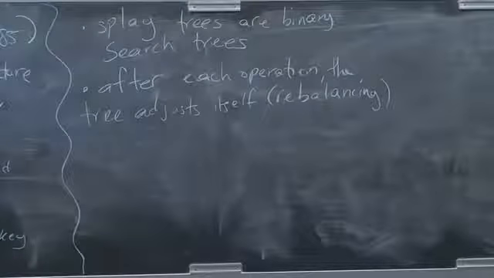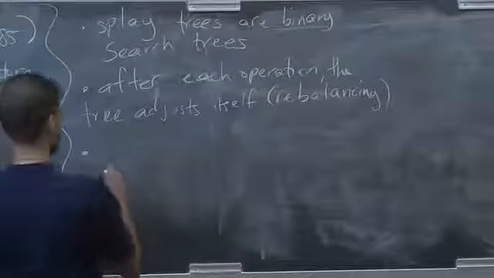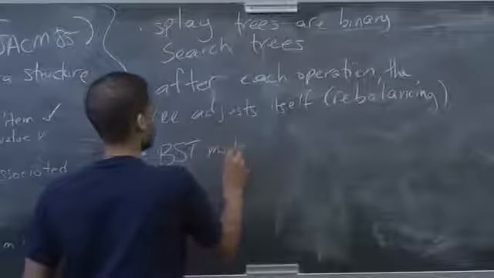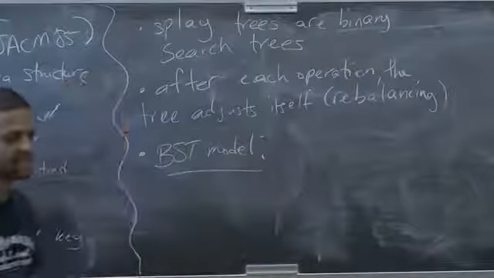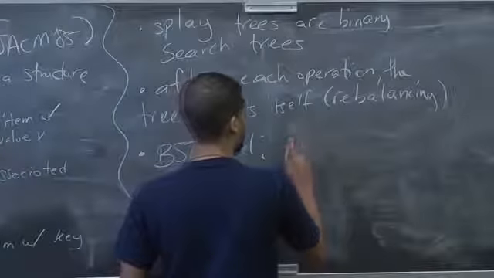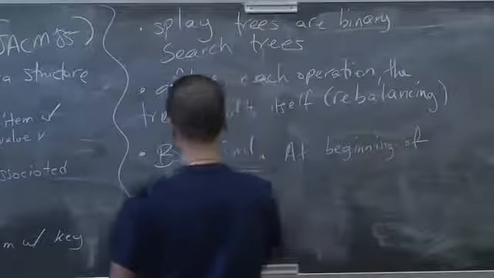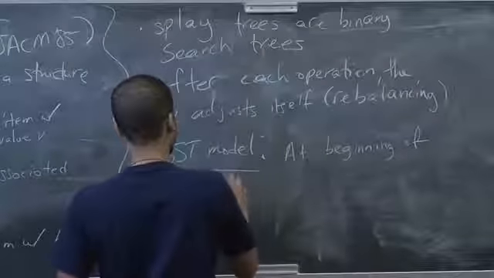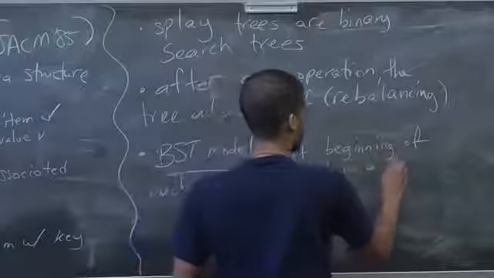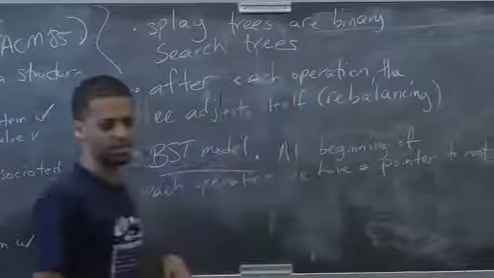Okay, good. So what do I mean by adjusting itself? This data structure operates in a model called the BST model. So BST stands for binary search tree. How does the BST model work? At the beginning of each operation, we have a pointer to the root of the tree. And what can you do at each step?